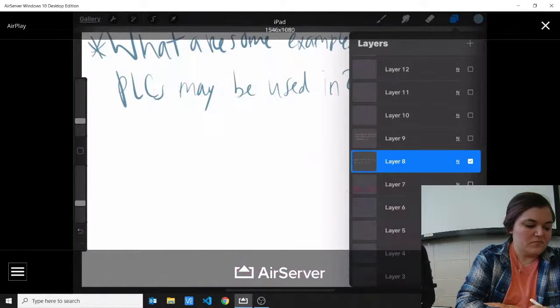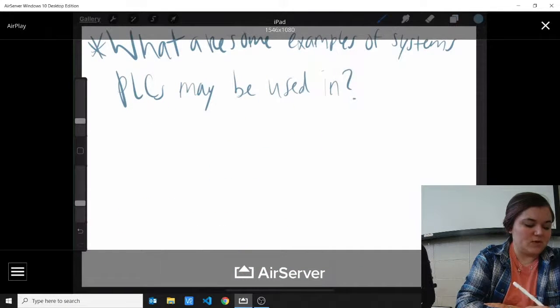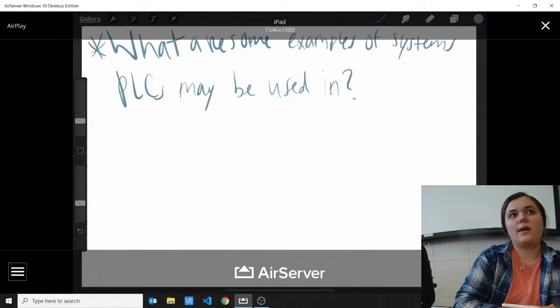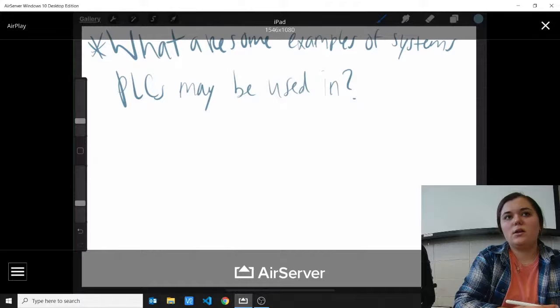So what are some examples of systems PLCs might be used in, do you think? Like everyday or in industrial settings? Yeah, they could be in a factory or just in everyday life.